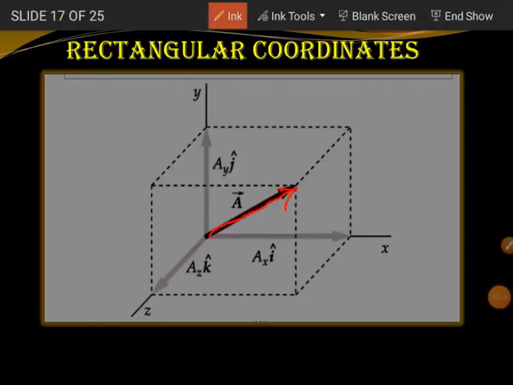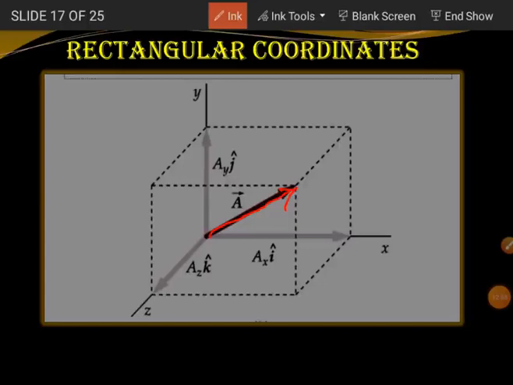Then the length, breadth, and thickness will give you the components of the given vector along the x-axis, y-axis, and z-axis.